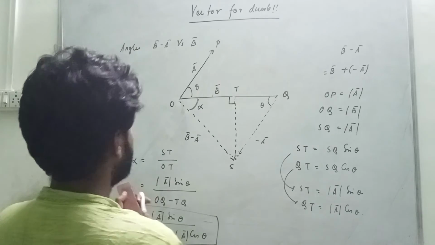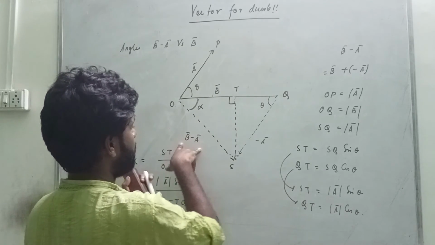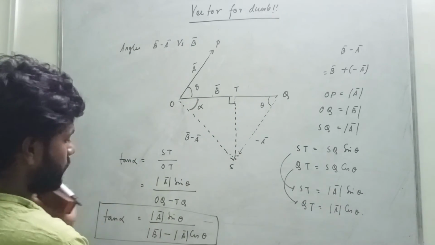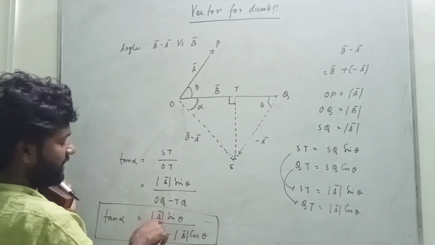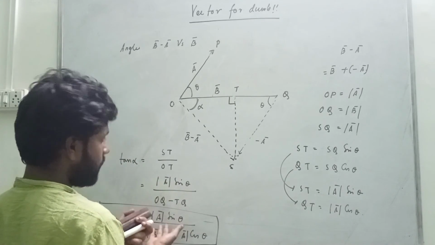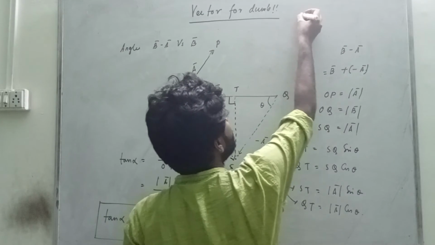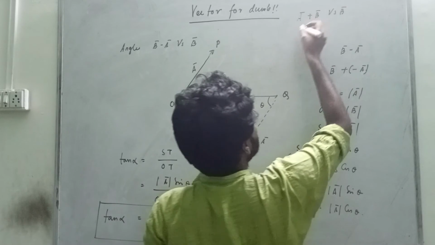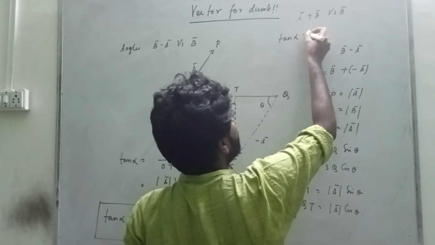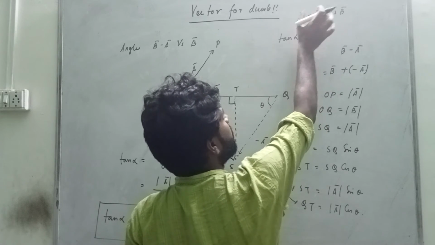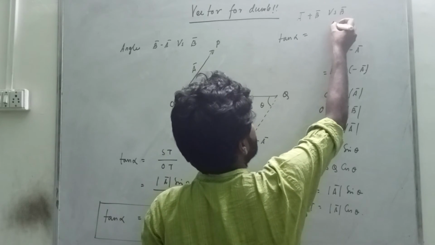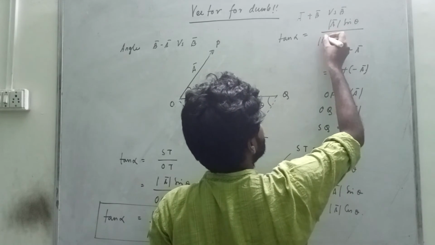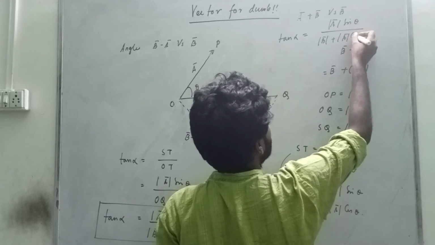If you want to calculate B minus A or A minus B or A plus B with B, then just B goes to nu. For A plus B versus B, tan alpha, the angle between B and A plus B, is A sin theta by B goes to nu plus A cos theta, right?